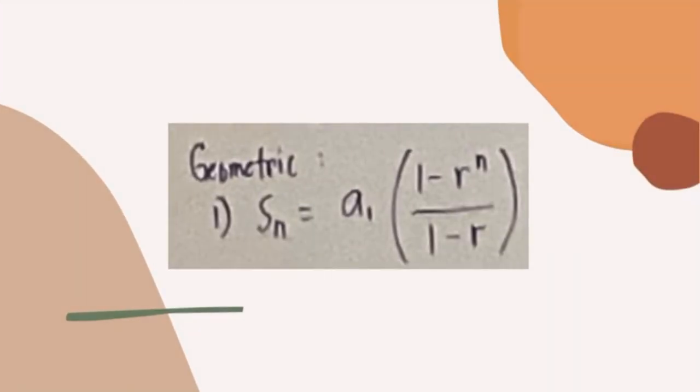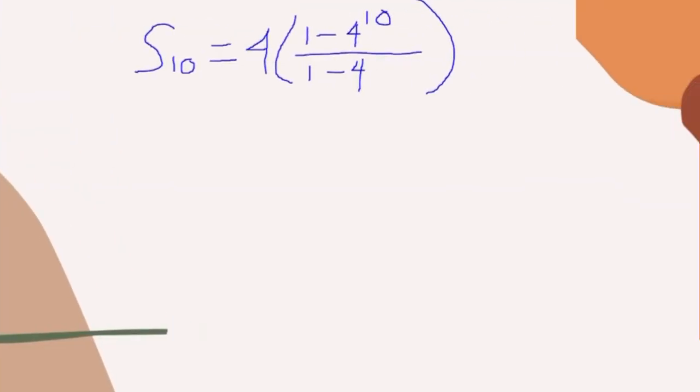S sub n is equal to a sub 1 times 1 minus r to the power of n over 1 minus r, with a sub 1 being the first term of the geometric sequence, which is 4, n being the term you're looking for, which is 10, and r being the common ratio of the terms in the sequence, which is 4. So if we substitute the values of our sequence to the formula, this will be the result.